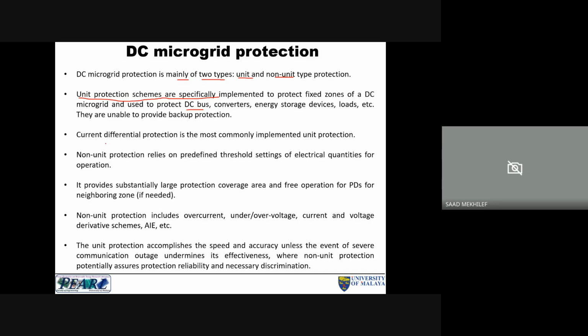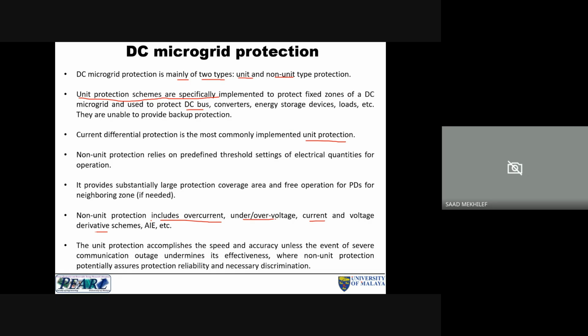Current differential protection is the most commonly implemented unit protection. The non-unit protection relies on a predefined threshold setting of the electrical quantities. Non-unit protection includes overcurrent, under or over voltage, current and voltage deviations, and so on. So these are the two schemes.